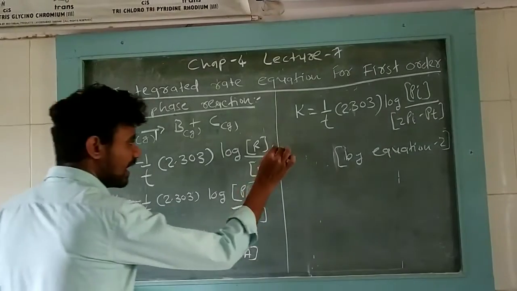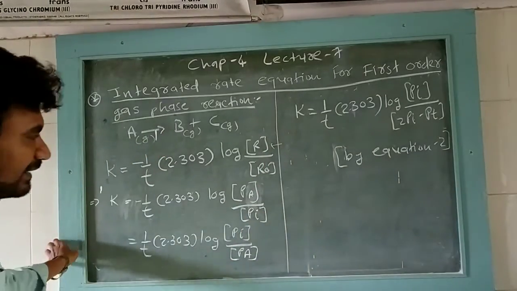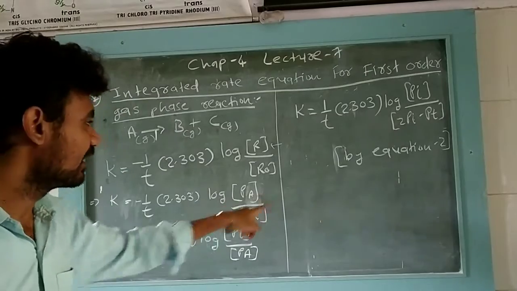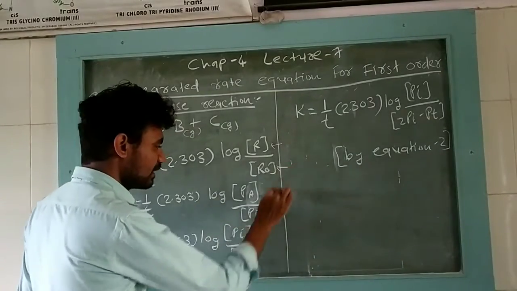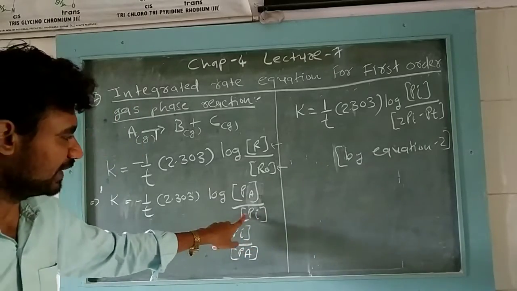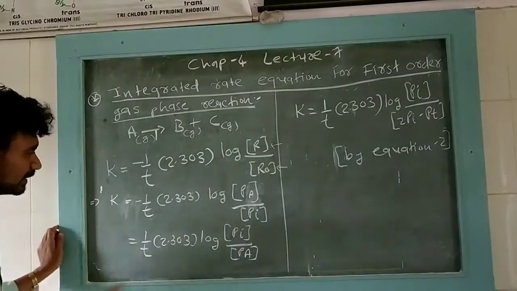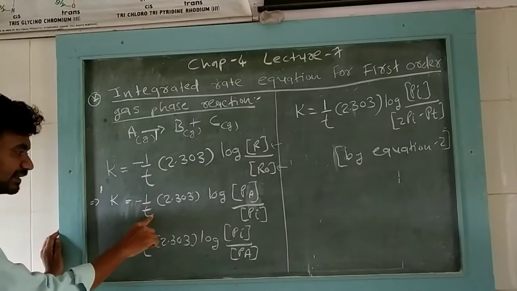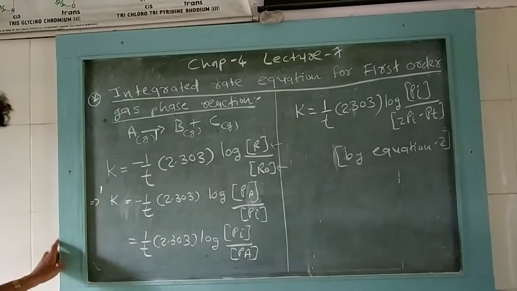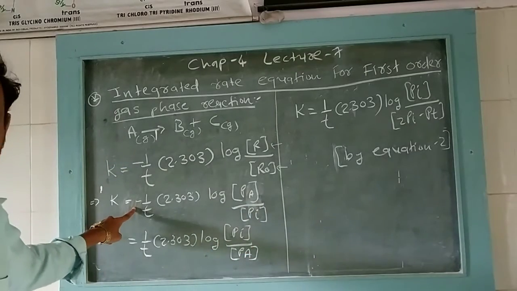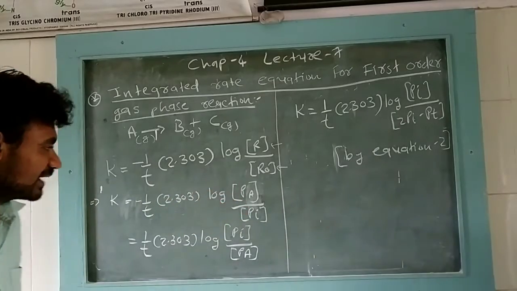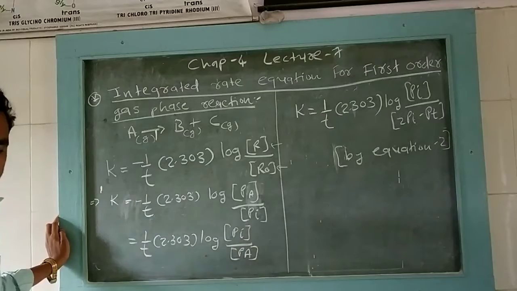So instead of R I am writing Pa, pressure at time t, and instead of R0 I am writing Pi, initial total pressure. Rest of them is the same: K is equal to minus 1 by t 2.303 log Pa divided by Pi. Now if I want to remove this minus sign, I have to interchange the numerator and denominator. So I am writing Pi divided by Pa here.